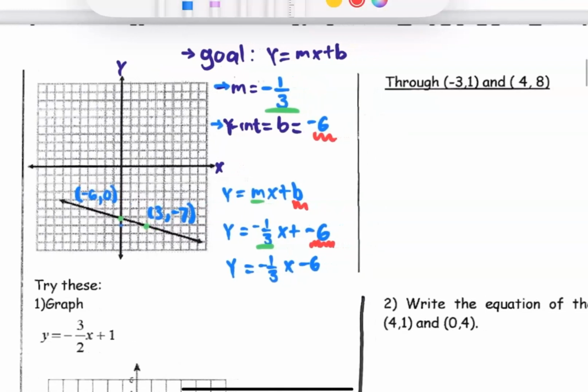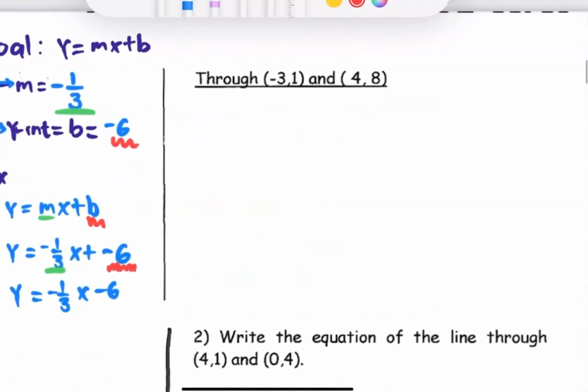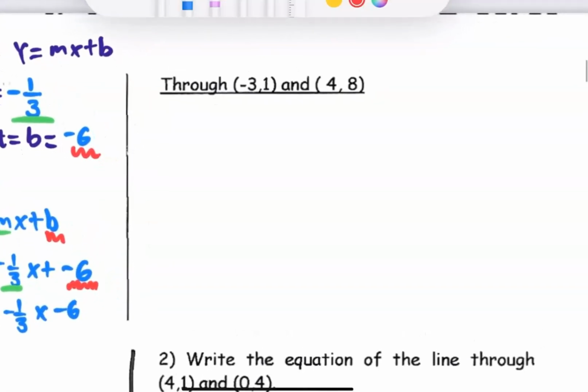Now, we're going to go over one more example. And they tell you to write the equation that passes through the points (-3, 1) and (4, 8). First of all, we need to have our goal. We know the goal is to have y is equal to mx plus b.